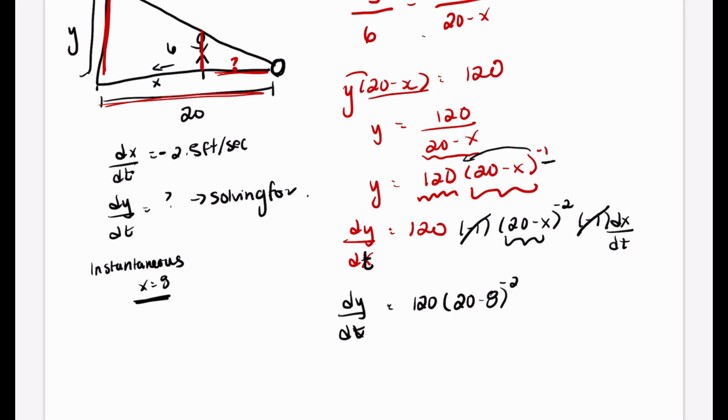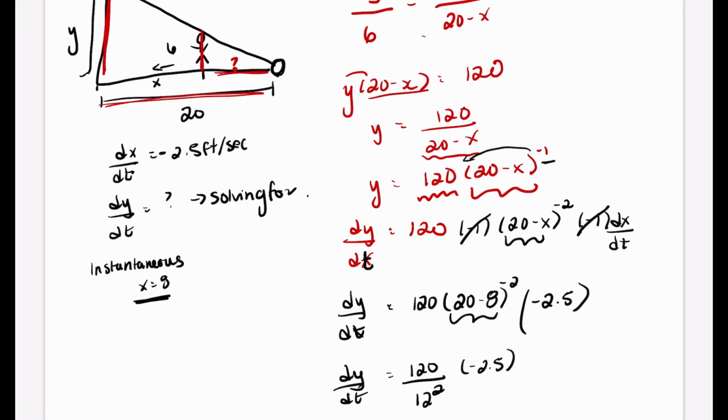So I know that my x value is 8 for this instantaneous time. And my dx over dt value is negative 2.5. So as I keep going, I'm going to do dy over dt equals 120 over 12 to the power of 2. 20 subtract 8 is 12 to the power of 2 times negative 2.5.